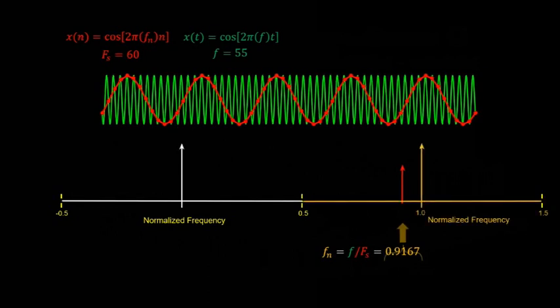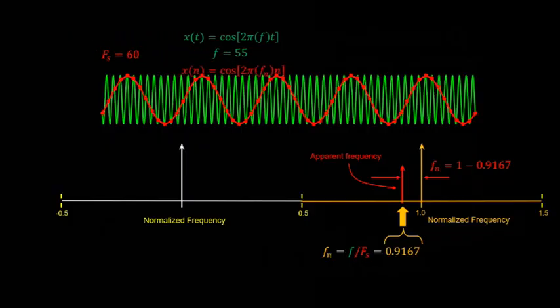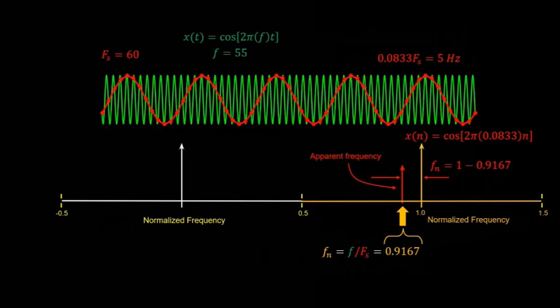Extending the frequency axis, we can see that the location of this normalized frequency will generate the apparent frequency, which value is indicated by the gap distance, calculated by 1 minus 0.9167. In the continuous world, the red waveform will have a frequency of this normalized frequency times Fs, giving us 5 Hz, the lower frequency.